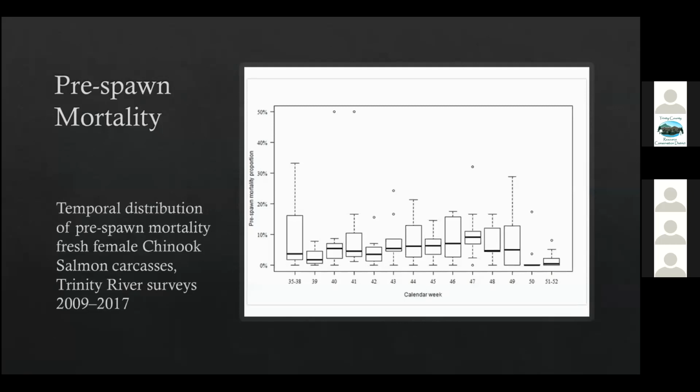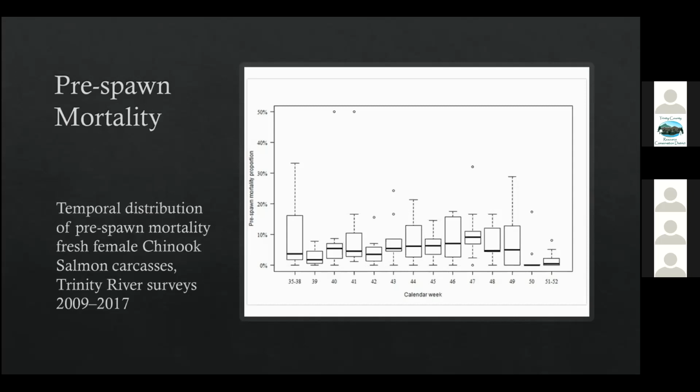Here we see a temporal distribution of pre-spawn mortality of fresh female Chinook salmon carcasses observed from 2009 to 2017. What I'd like to point out here is that if you look at week to week, pre-spawn mortality rates might be highest at the beginning of the season, but that's also when fewer fish are in the river.